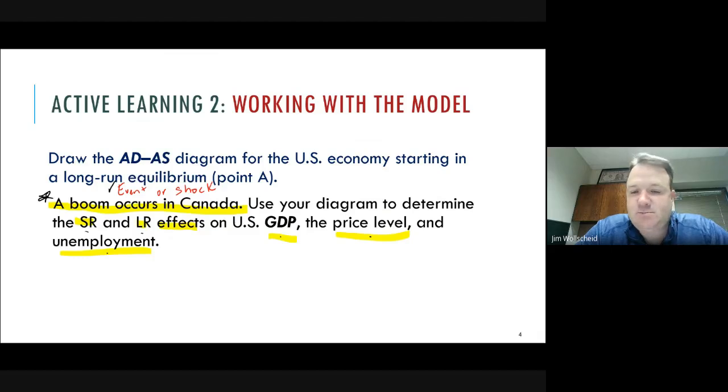Because I'm only going to ask bits and pieces of it, just the way you give tests as an economist. I'm not going to ask you for everything. I'm only going to ask you for bits and pieces because I'm testing to see if you can understand it. If you can tell me what happens to GDP in the short run, I'm going to assume you know it all. That may be a bad assumption, but that's what we have to do with the test.